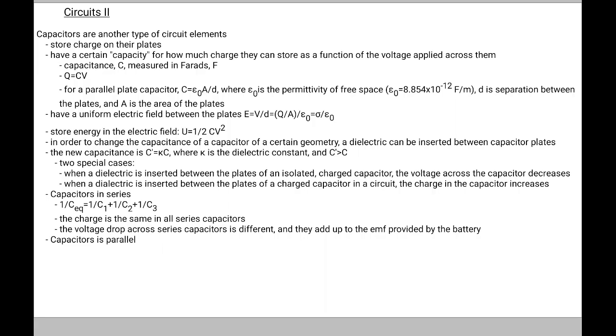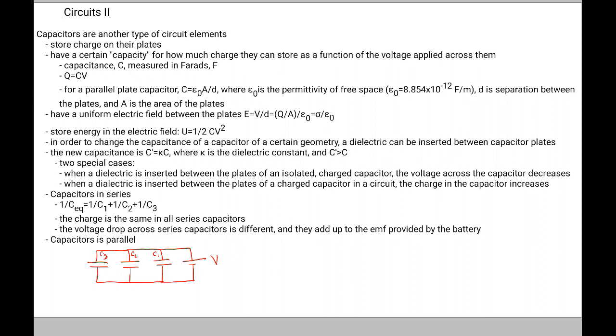Let's see how capacitors add in parallel. So let's have capacitor 1, capacitor 2, capacitor 3 across a battery. So this is voltage, this is capacitor 1, capacitor 2, capacitor 3.